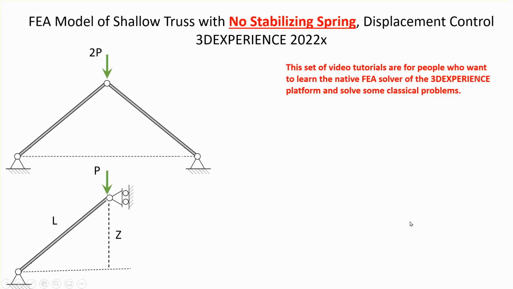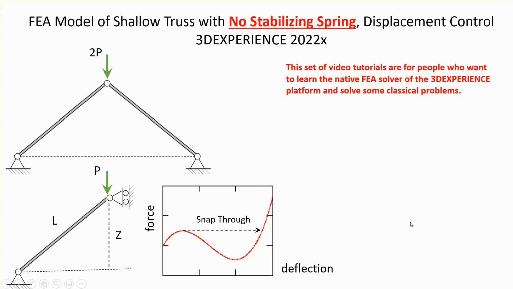I want to remind you that I've already done a video on this where I solved this problem by putting a spring here. The reason is that without any additional spring, the load deflection curve looks like that.